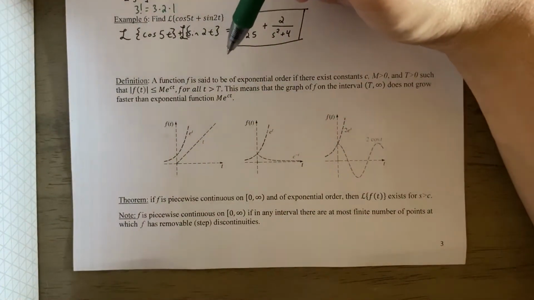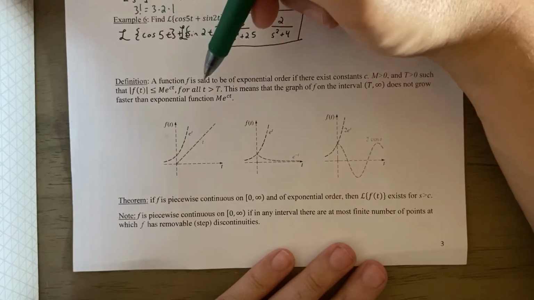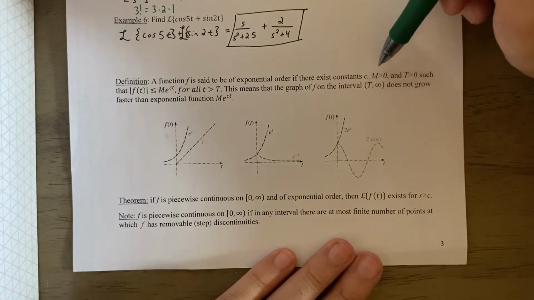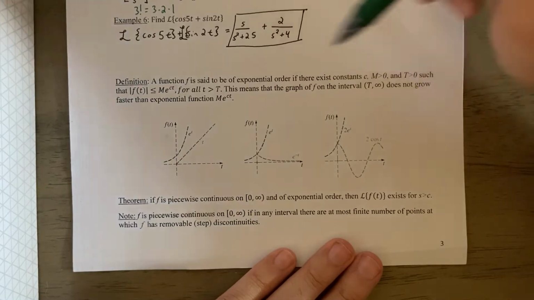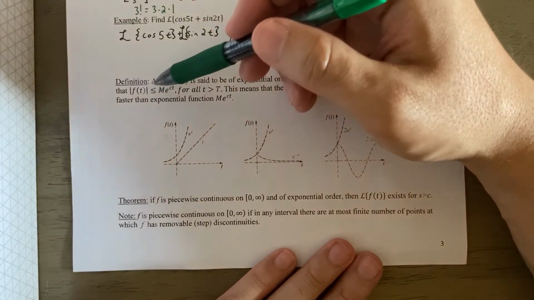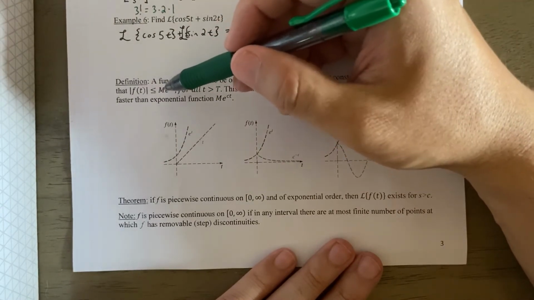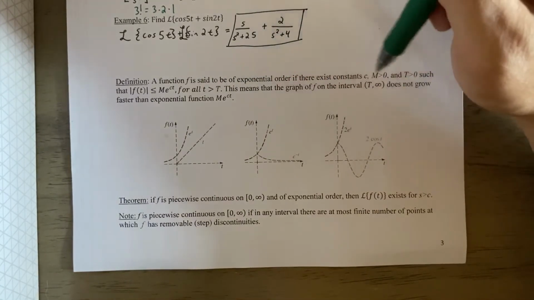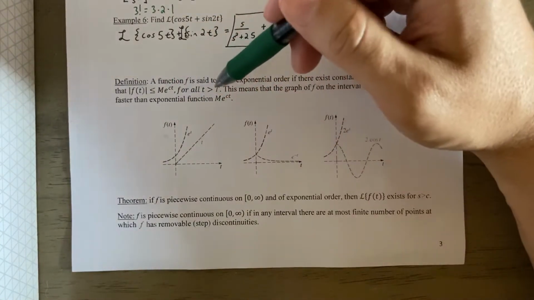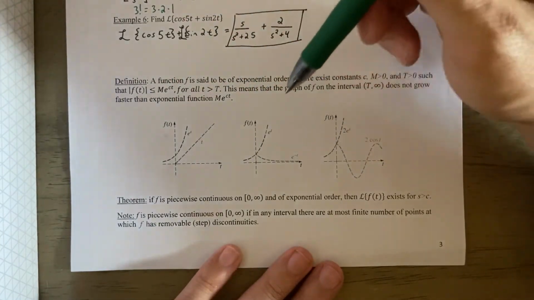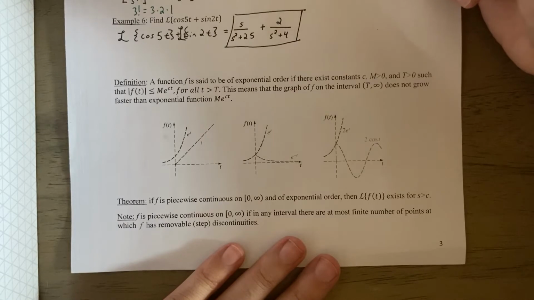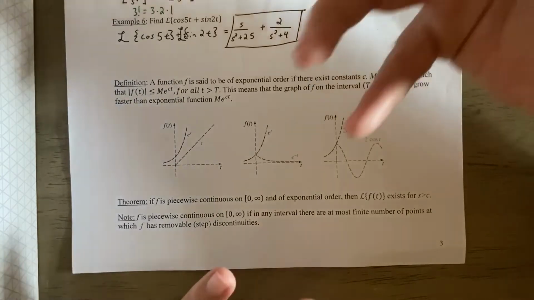All right, now the next thing we're talking about is exponential order. A function f is said to be of exponential order if there exist constants c, m greater than 0 and T greater than 0, such that the absolute value of f of t is less than or equal to m times e to the ct for all t greater than capital T, which means that the graph of f on the interval from T to infinity does not grow faster than the exponential m e to the ct, where m is basically the coefficient of whatever function we're dealing with, and c is the part with the actual exponent, the part that is inside of our function.